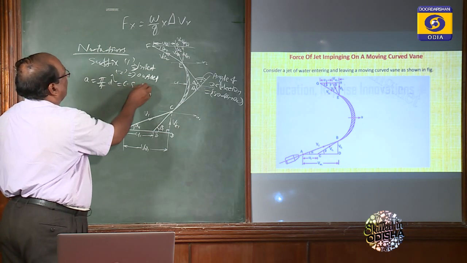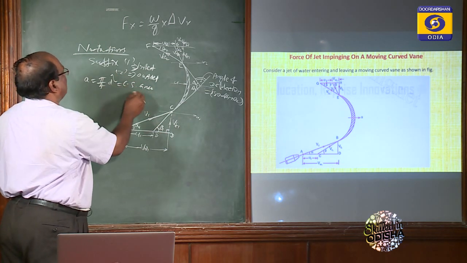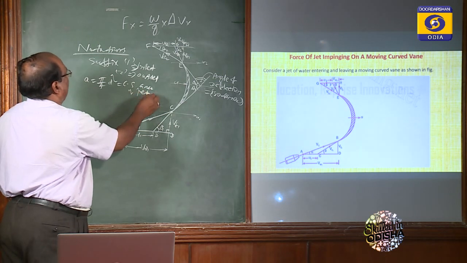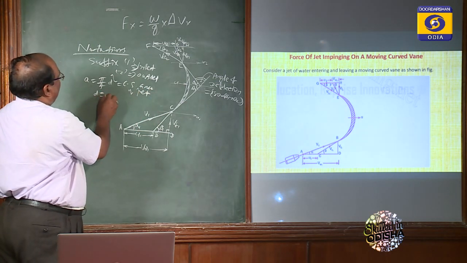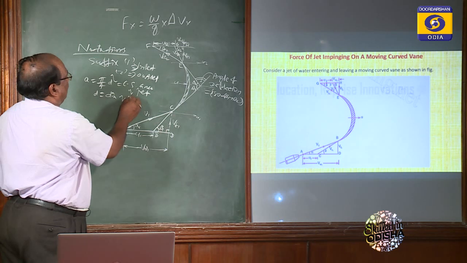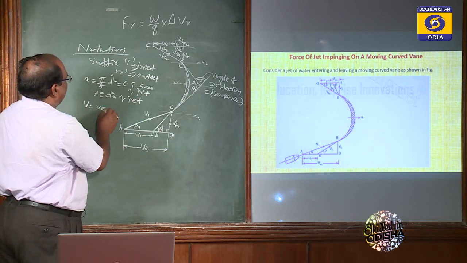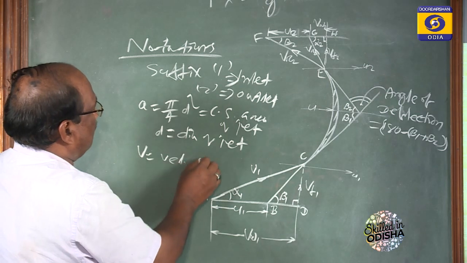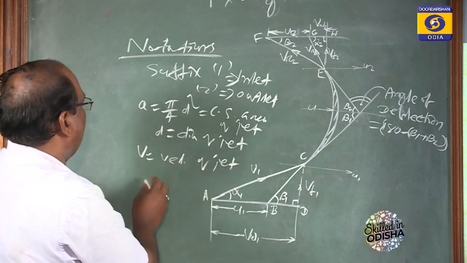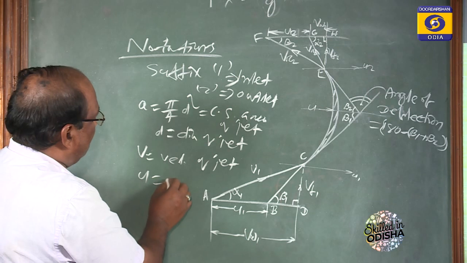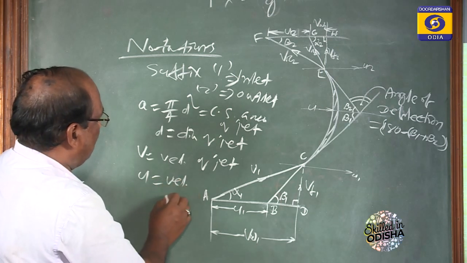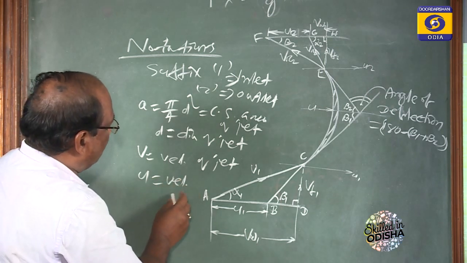D is the diameter of the jet, and V is the velocity of the jet. U is the velocity of the curved plate or blade.